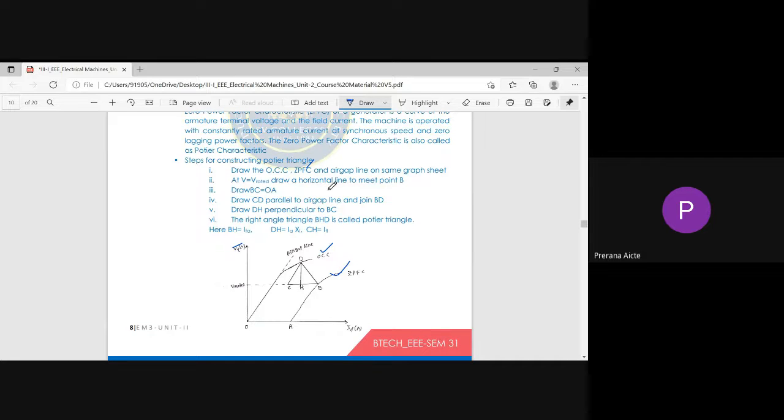First, draw the OCC, ZPF and air gap line on the same graph sheet. Initially we measure Vt equal to V rated. Draw a horizontal line to meet at point B. Then draw the BC line, which is equal to OA.